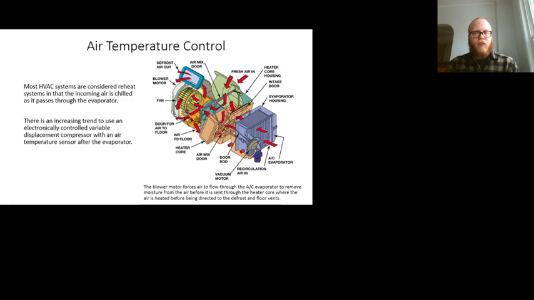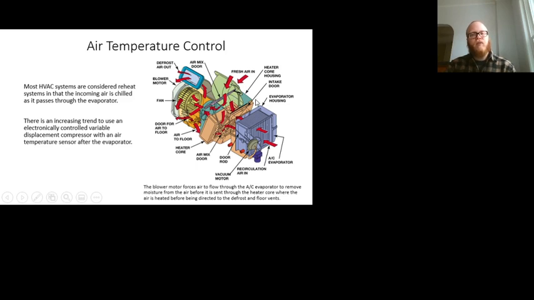So air temperature control. Pretty much every system I've ever come in contact with is called a reheat system. So if we look at this, as far as airflow goes, with our little red lines there, fresh air comes in, and we have also our recirculated air. So first we have to choose, do we want fresh air coming in or recirculated air?